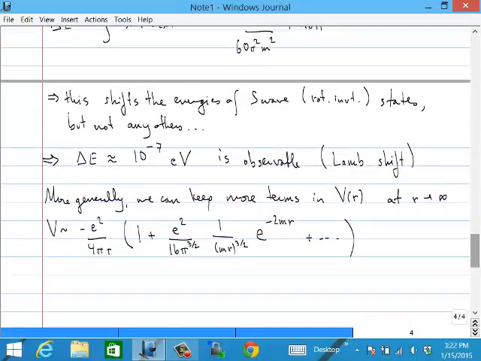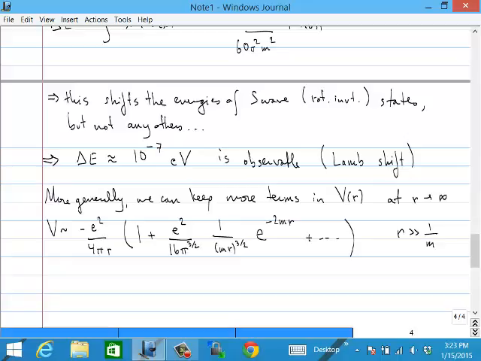Okay. So you can see here all of the corrections are expressed in terms of the dimensionless combination R times M, where M can be thought of as 1 over the Compton wavelength of the electron. That's the length scale on which the quantum effects of the electron would be relevant.